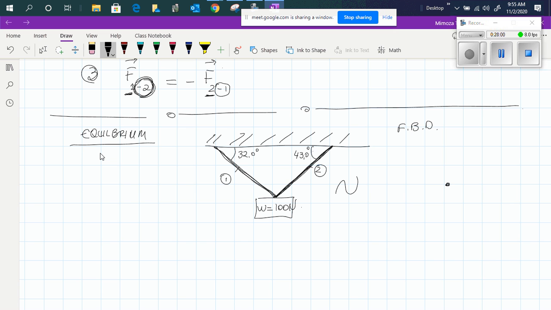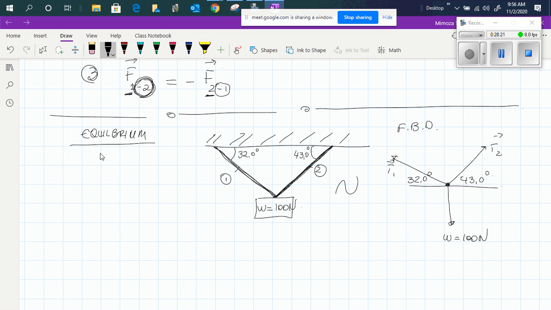So now let's convert this into a free body diagram, because this is a situational diagram. What we will see is the weight here as 100 newtons, and then here we will have tension 2, and here we will have tension 1, creating with the horizontal respectively 32 and 43 degrees angle.